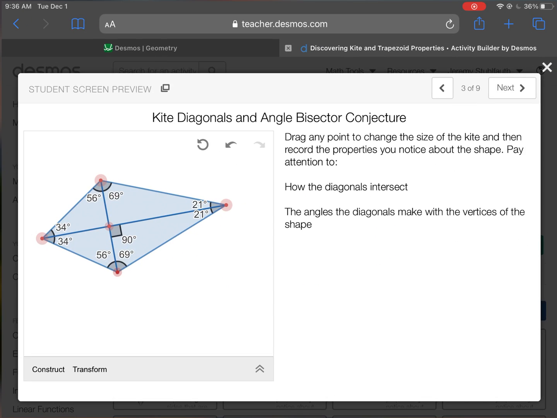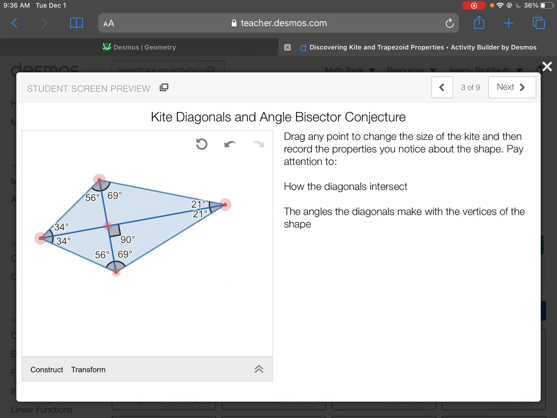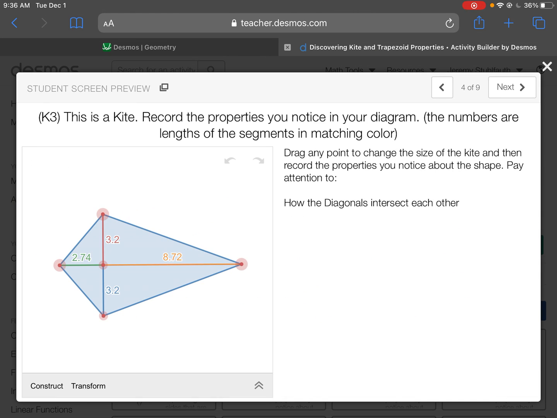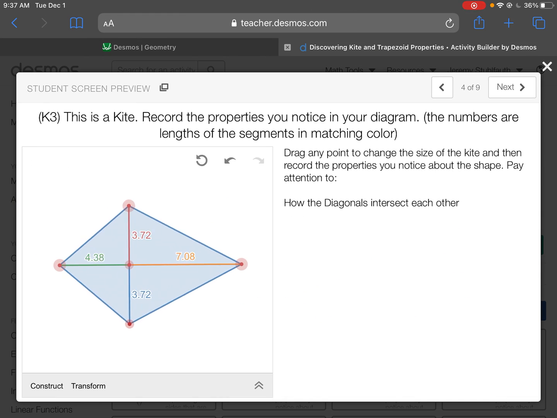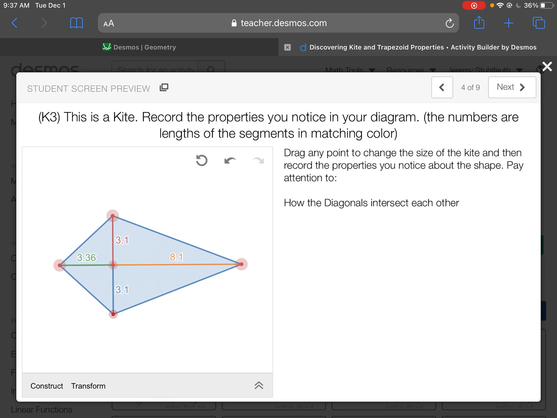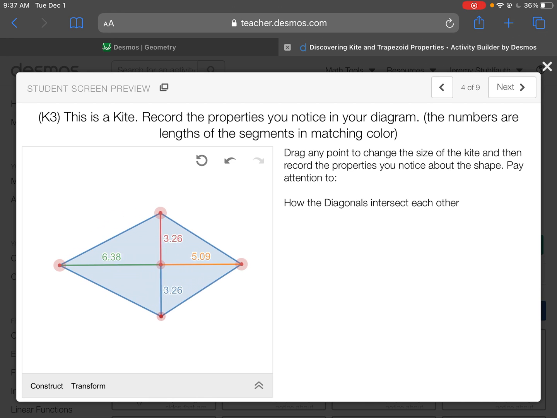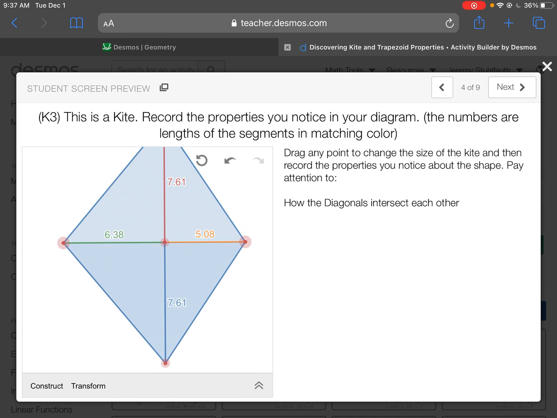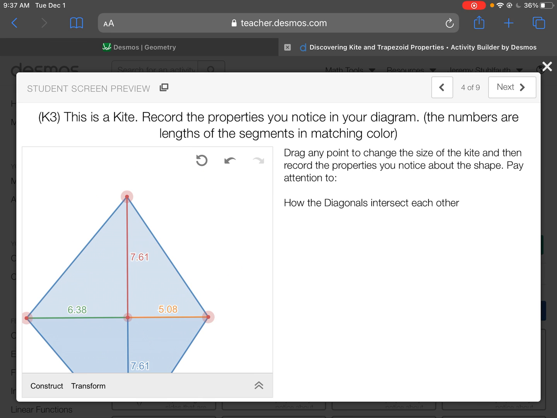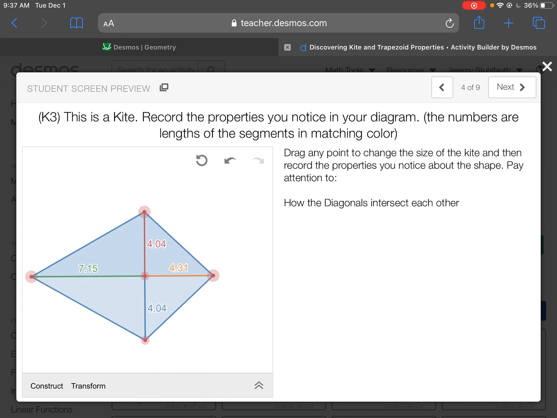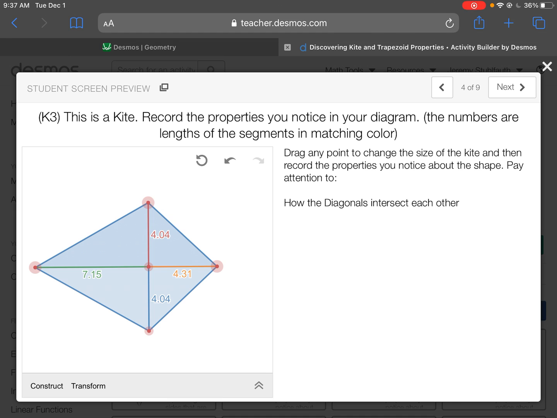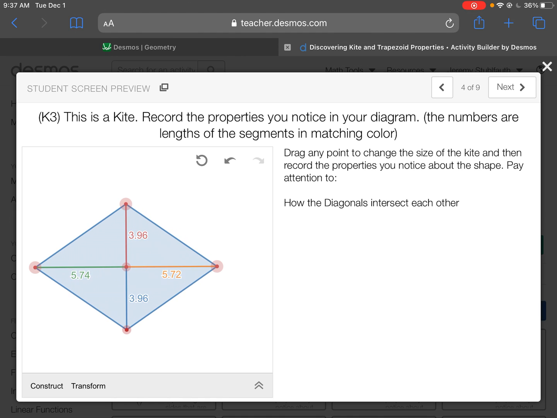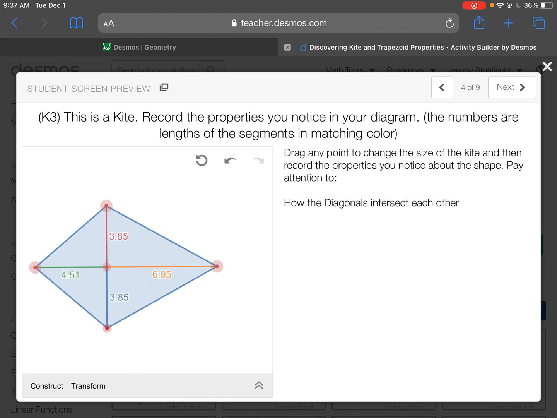Now, let's take a look at our next conjecture. If we jump to the next slide here, I want you to take a look at what we notice about the measurements of the diagonals. As we create these kites, what do you notice about the measures of the diagonal?